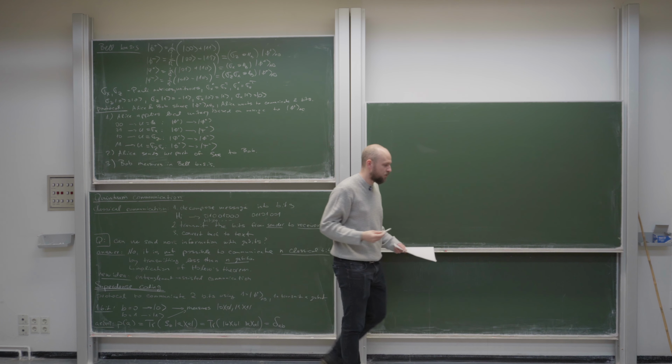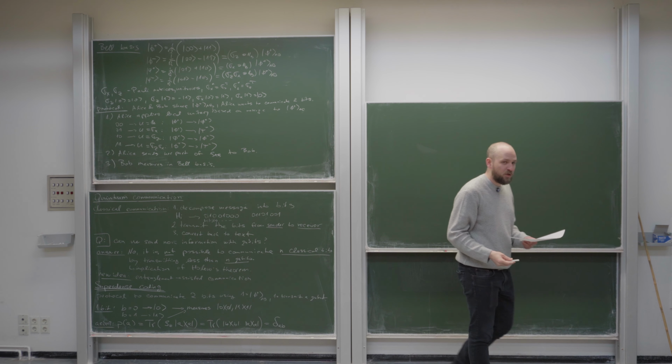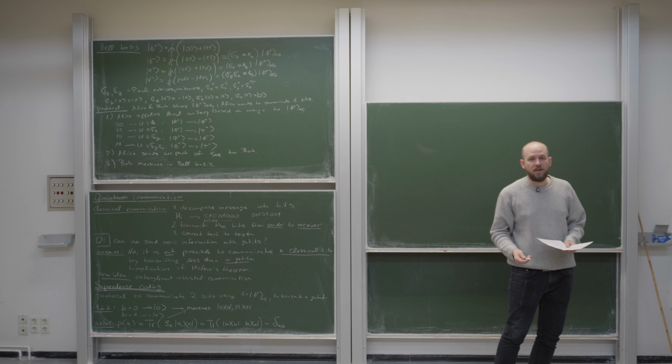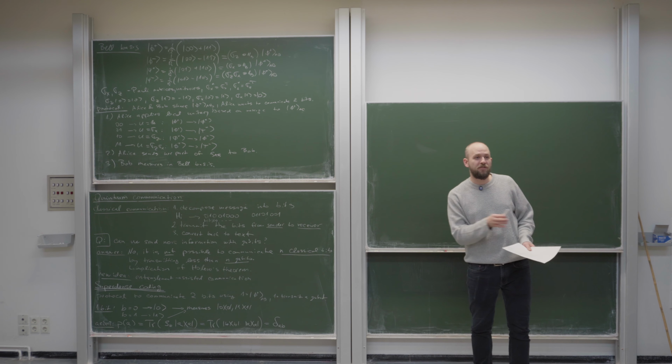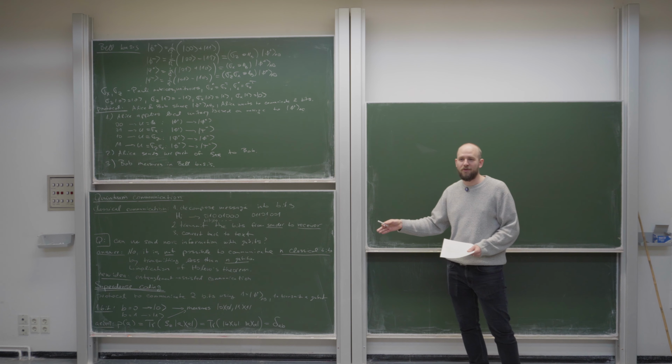So now the idea is the following: can we do this in reverse? Can we, by sharing a Bell state and using some classical communication, transmit a quantum state from Alice to Bob?